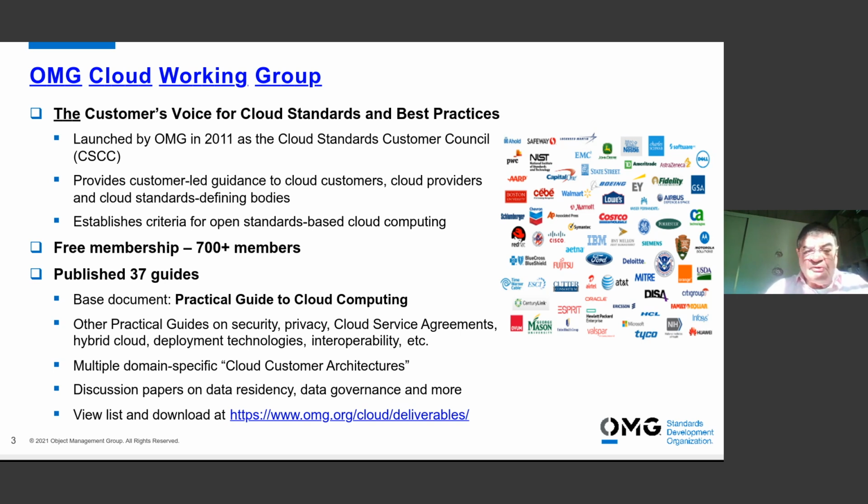All these papers are available for free, under a very permissive license. You just need to mention the source if you use the content. If you go to omg.org/cloud, you'll see a link called deliverables, and all the papers are available there for free download.